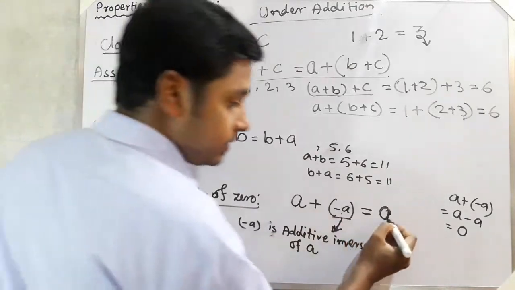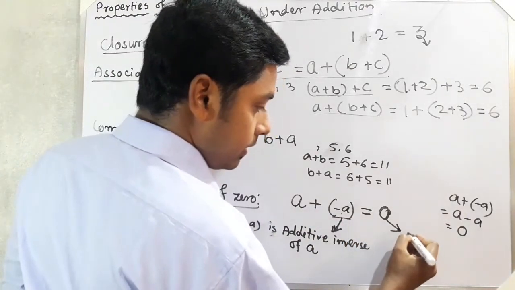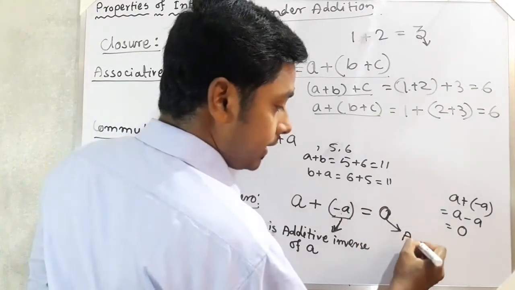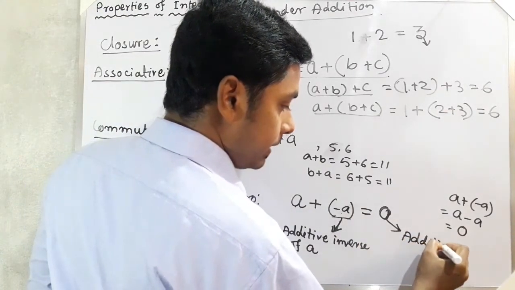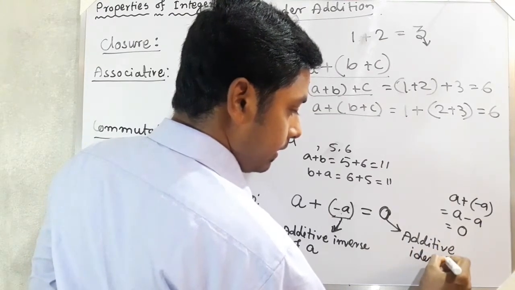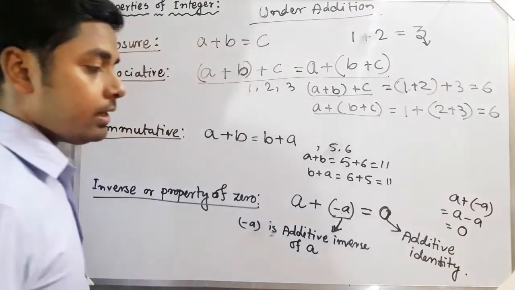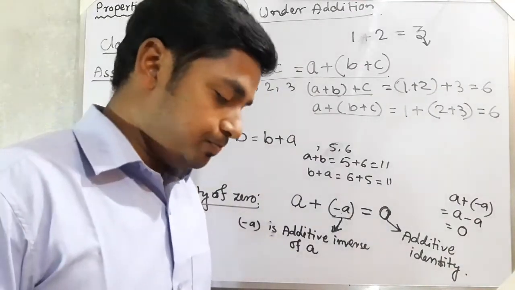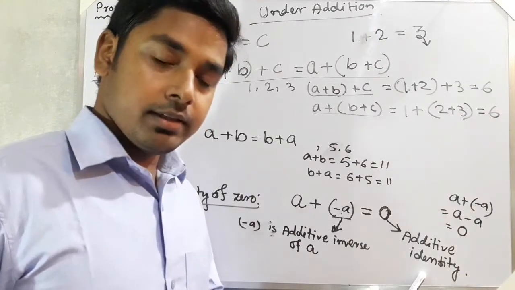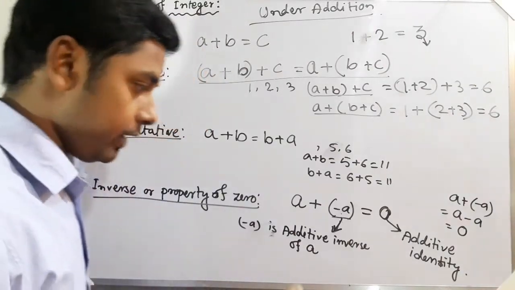And this 0 is what? Inverse element or additive identity. And you are getting some new terms here: additive inverse, additive identity. These are very simple terms. Try to understand, I'm telling.